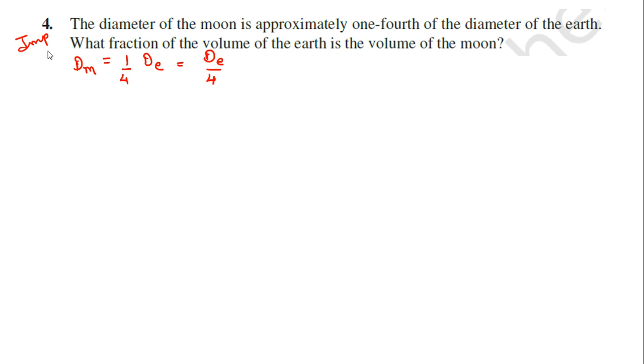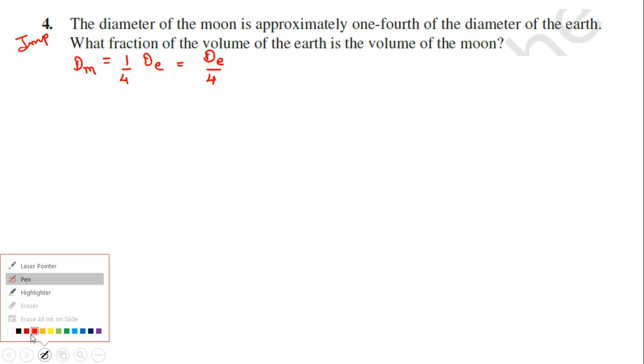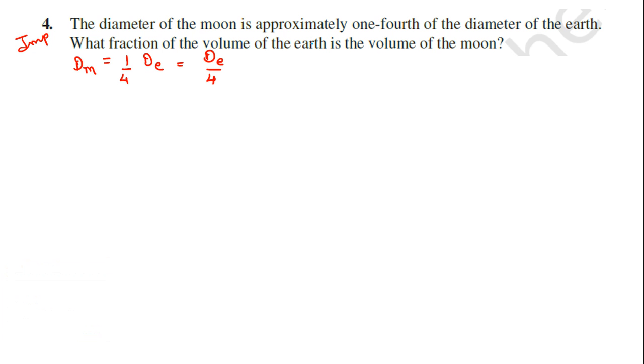dm is equal to de by 4. Now we have to find the ratio of both of the volumes. So volume of earth. Volume of earth, because it is a sphere, is 4 by 3 pi r cube.